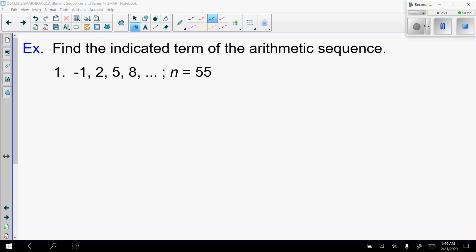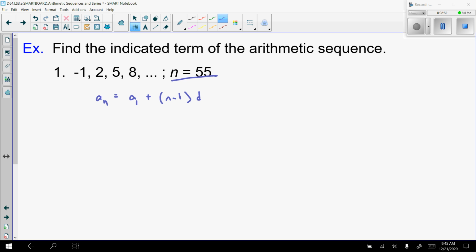After you write down the directions for the example, please find the indicated term of the arithmetic sequence. Please pause the video and do so. Since this is an arithmetic sequence, the first thing I will do is write down the formula, which is a sub n equals a sub 1 plus quantity n minus 1 times d.